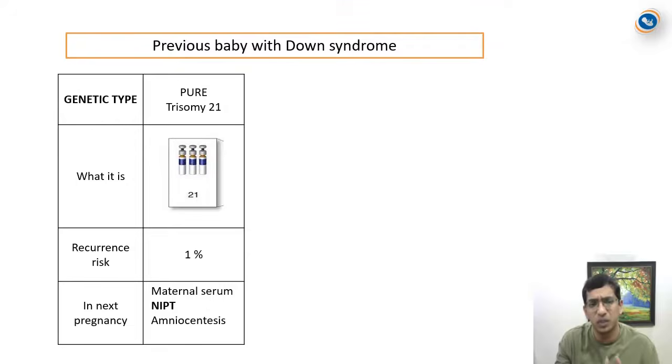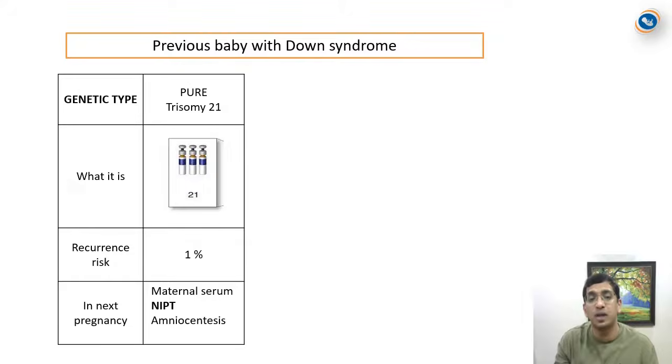Normally the patient should be given a choice, but in these cases, since the recurrence risk is low, NIPT seems to be a fair test to do, as it is much more accurate than maternal serum screening, but it does not have the risk of amniocentesis.